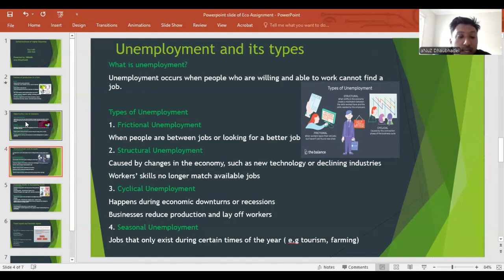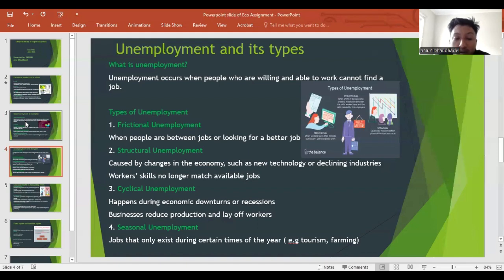Its types are frictional unemployment, structural unemployment, cyclical unemployment, and seasonal unemployment. The first type is frictional unemployment. This means people are between jobs or looking for a better job, and it's usually temporary.